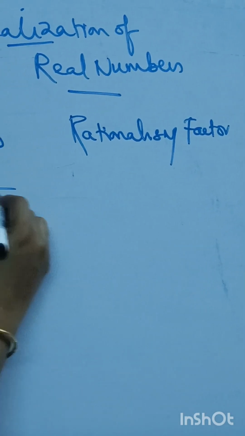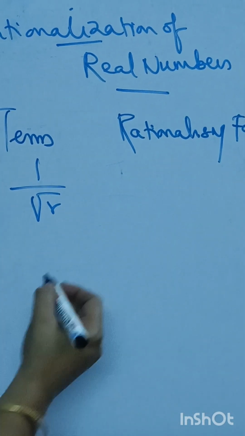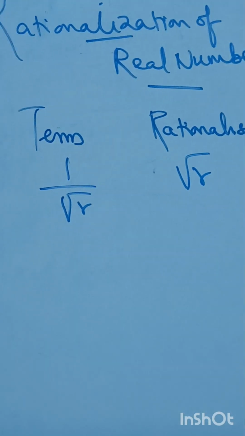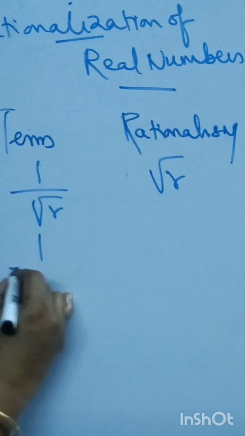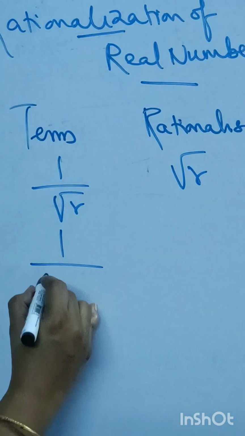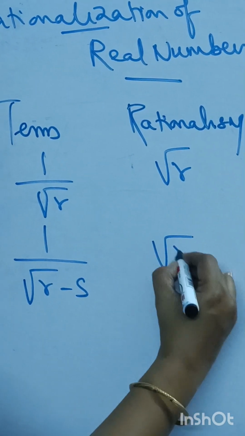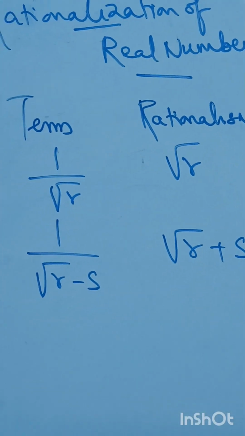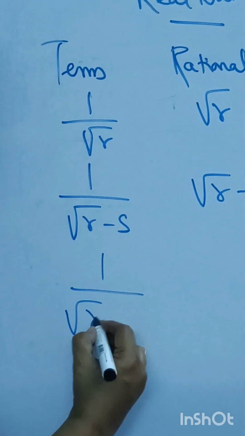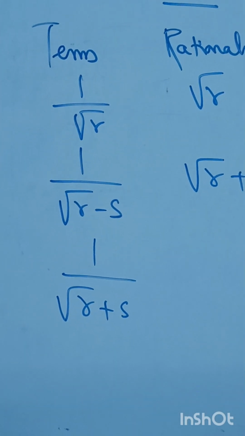1 by root r can be rationalized with root r. 1 by root of (r minus s): what is the rationalizing factor? Root of (r plus s). 1 by root of (r plus s): what is the rationalizing factor?